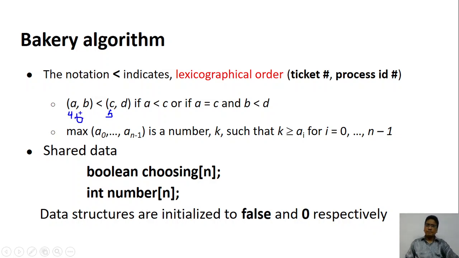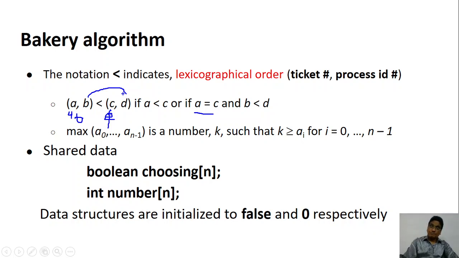So this is how it goes. If a is equal to c, say a is 4 and c is also 4, then you go for the next two elements. If b is less than d, then it is true.